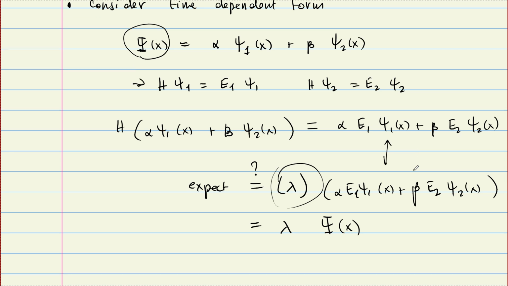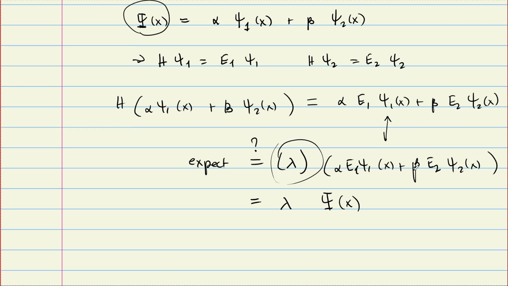Then where is the linearity? Why do we say the Schrödinger equation is linear? To see that, I can consider the time-dependent Schrödinger equation, i h bar del t psi equals H psi, but now this is going to be x and t.